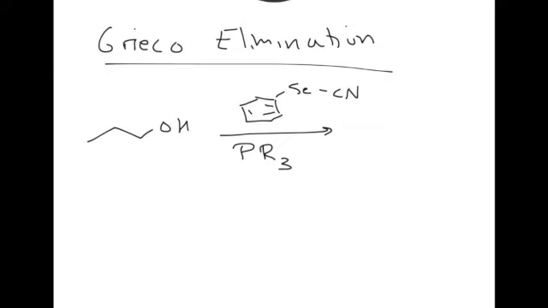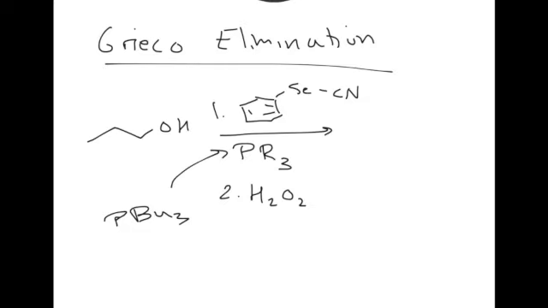In the example in the slide, it's tributyl, so from the slide, this is PBu3, but it can really be any alkyl group. It could be triphenyl, something like that. Right. So that's step one, and then step two, you have to do some sort of oxidation.